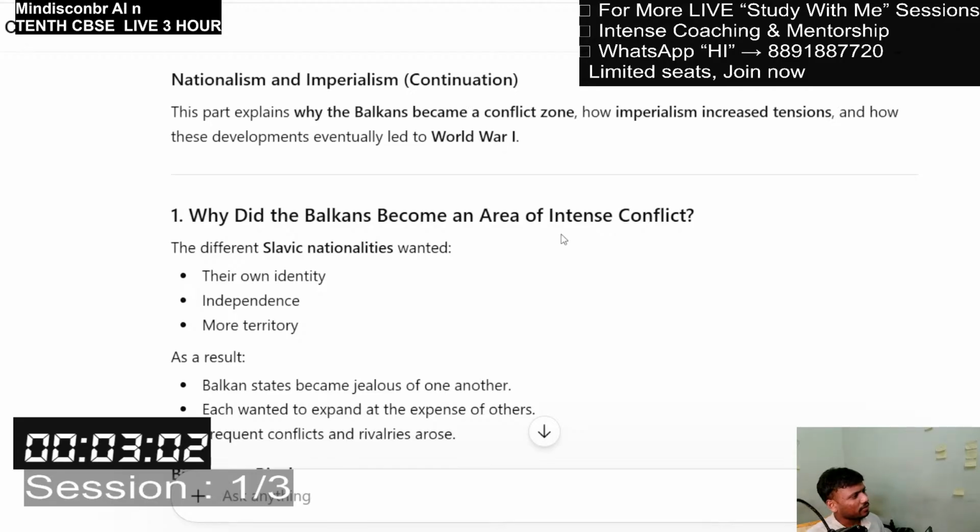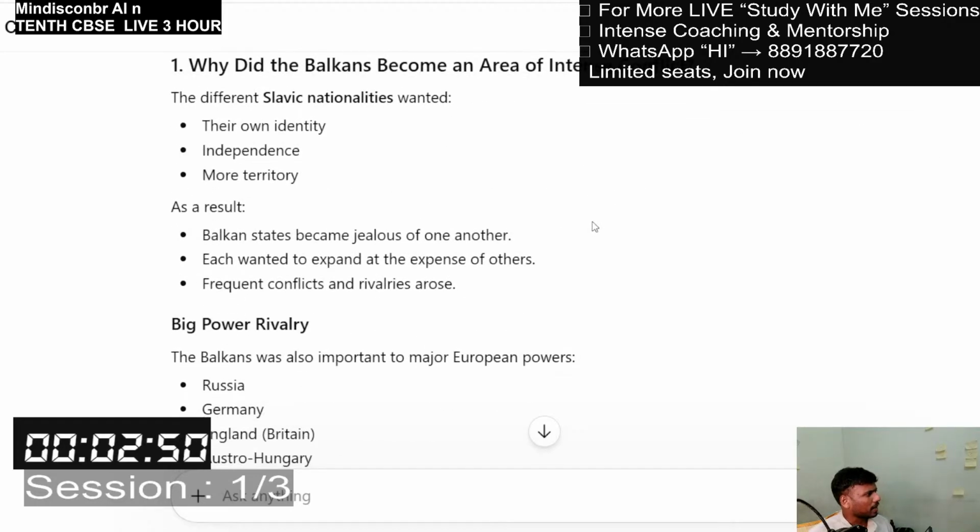The different Slavic nationalities wanted their own identity, independence, and more territory. As a result, Balkan states became jealous of one another. Each wanted to expand at the expense of others. Frequent conflict and rivalries arose.